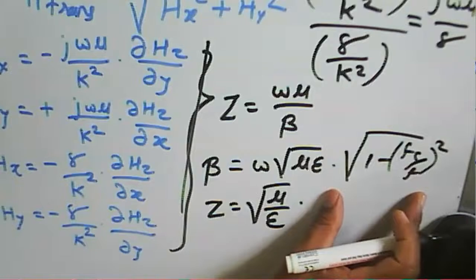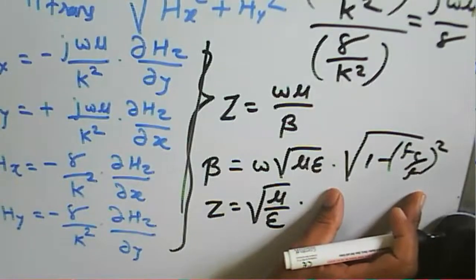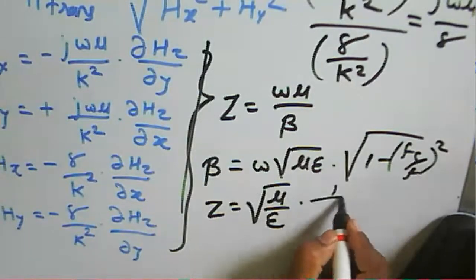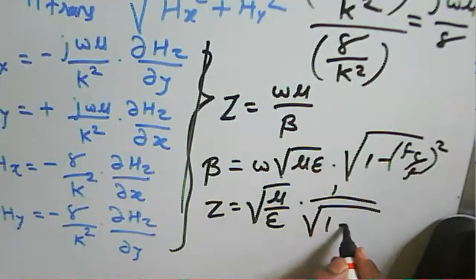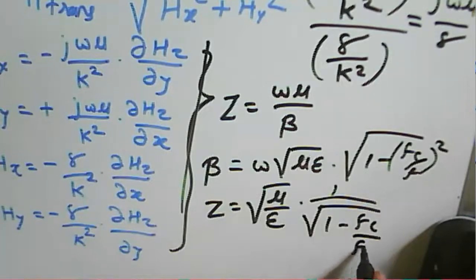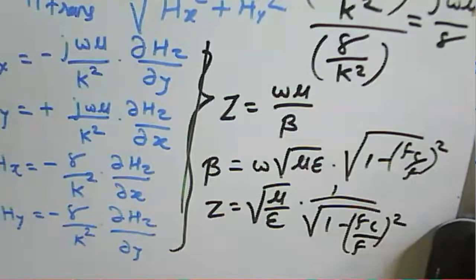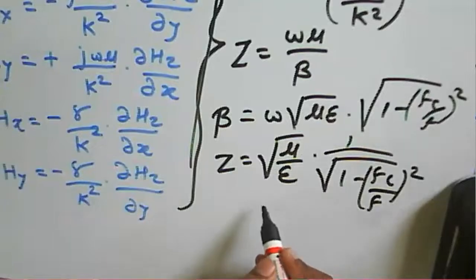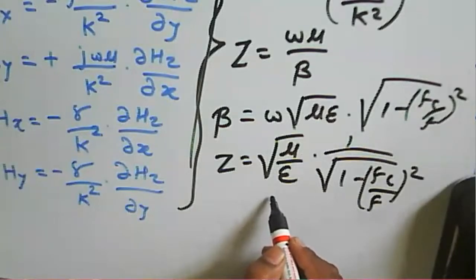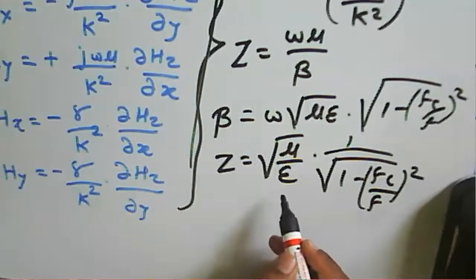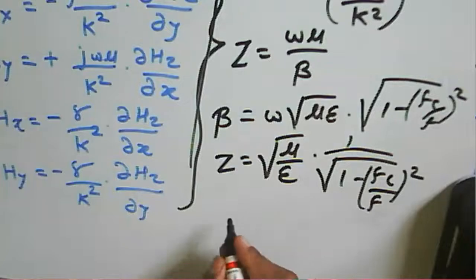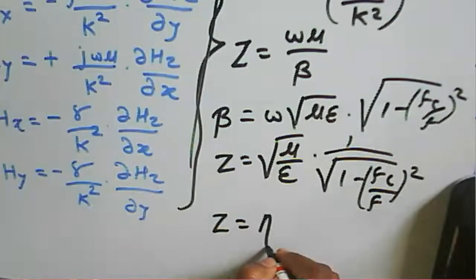So what will be the term here? That will go here as 1 by under root of 1 minus fc by f bracket. This one is about a term. So this is nothing but eta, as we have written earlier.